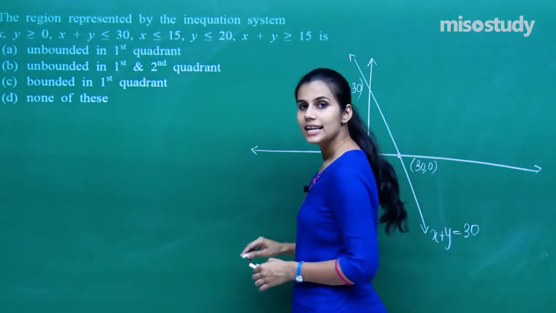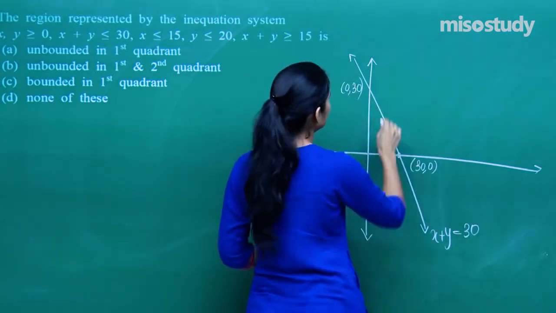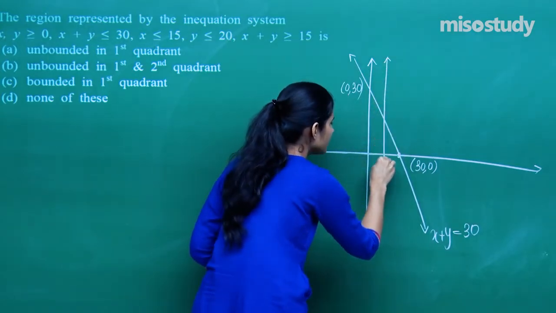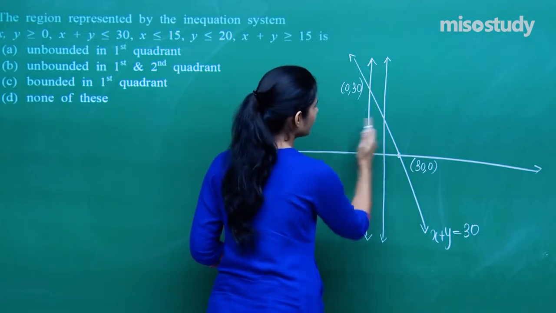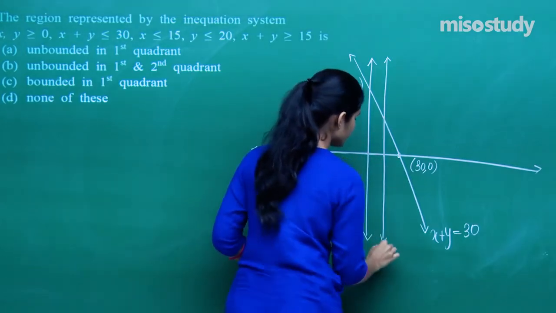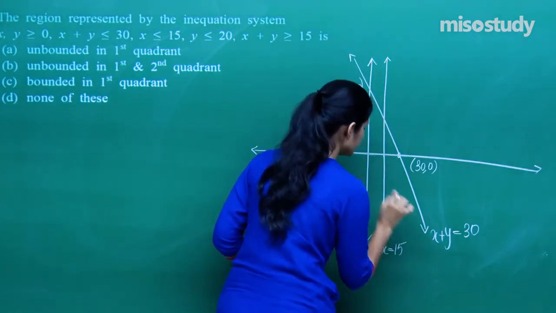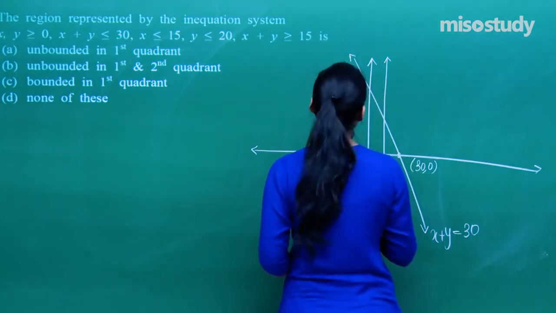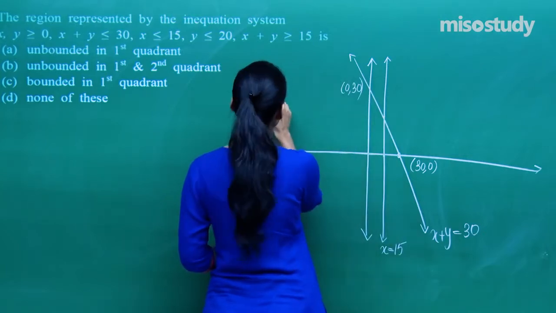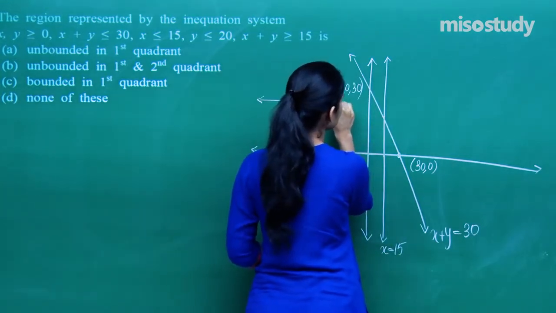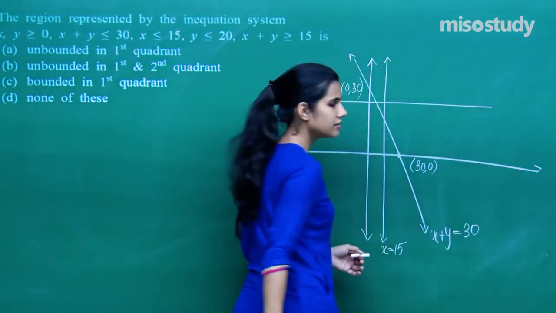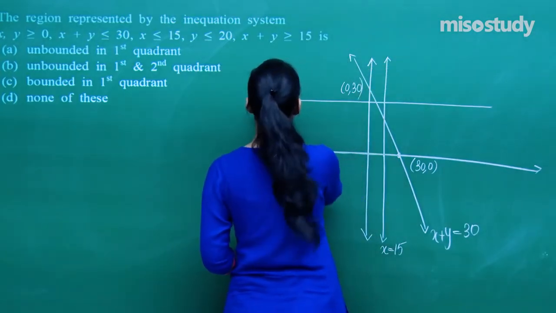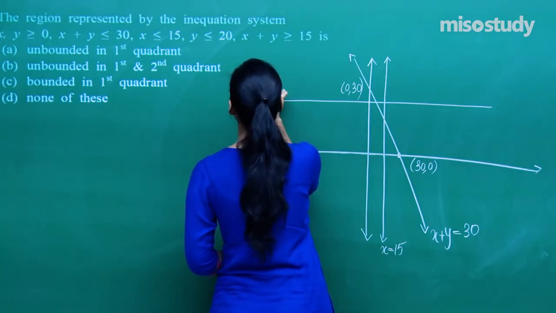Then you have x less than or equal to 15, so I'm talking about everything in here. This is x equals 15. After this I have y less than or equal to 20, so somewhere here is 20. This is y equals 20.